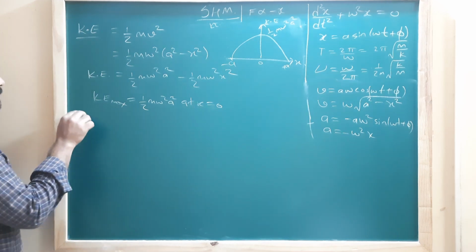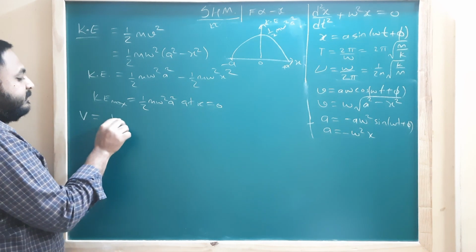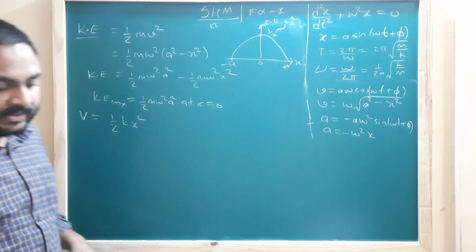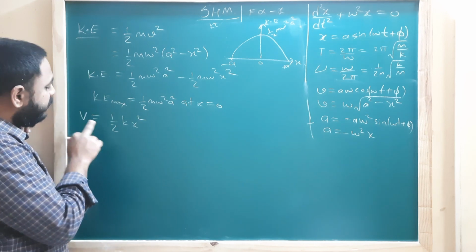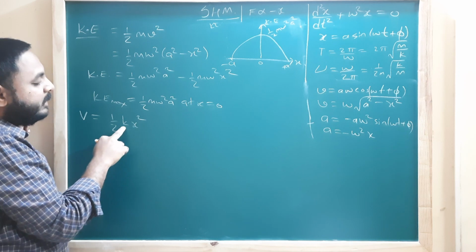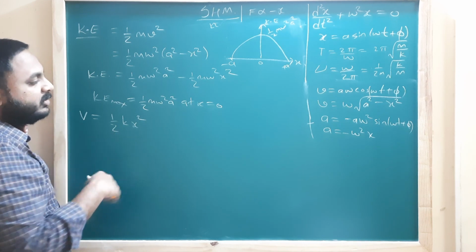Now let's try and find out the potential energy. Potential energy we know for any spring mass system is half k x squared. So this will be the potential energy in this spring mass system as well. Now what is the relationship between k and omega? I want this in terms of m and omega.